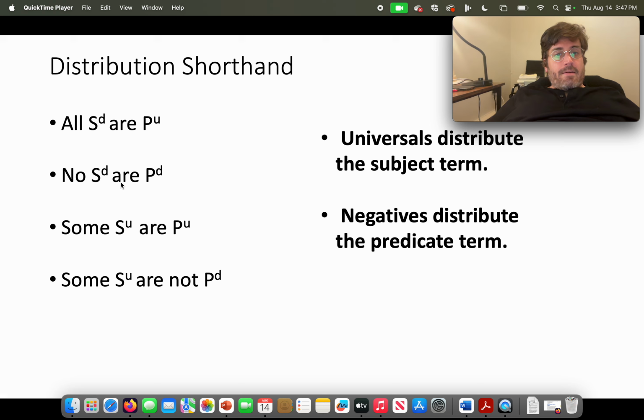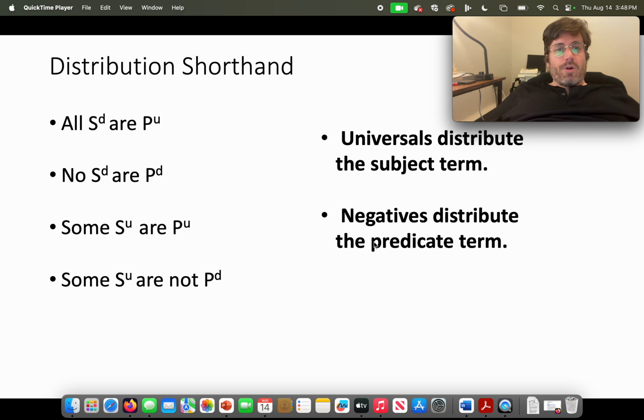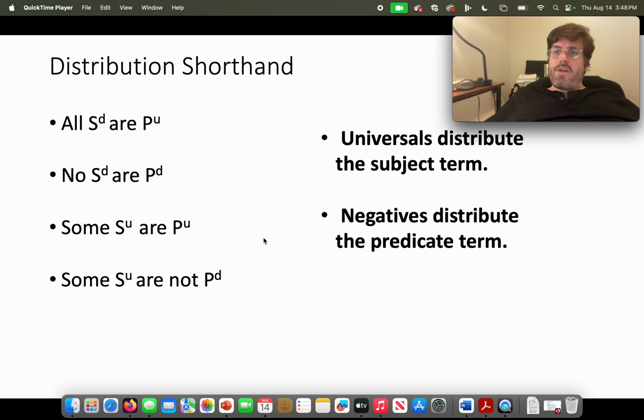We have distribution for subject terms in both A and E, but the negatives distribute the predicate term across the board. We have distribution for the E, which is negative in quality, and then we have distribution of the P for the O proposition, which is negative in quality as well. So it's an interesting property of distribution for our four types.